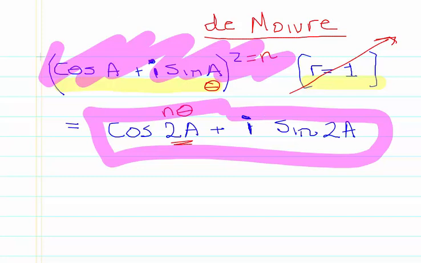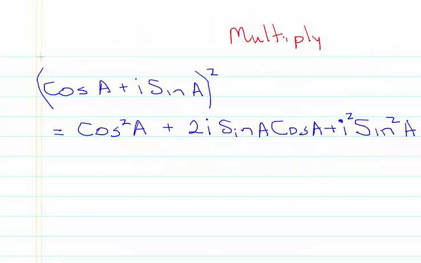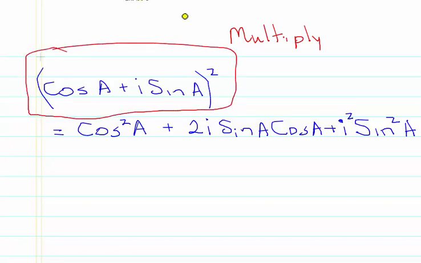Okay, so remember now, this is essentially a straightforward multiplication. So I'm going to approach the same expression again, but this time I'm going to multiply it out conventionally. So cos a plus i sine a, squared.